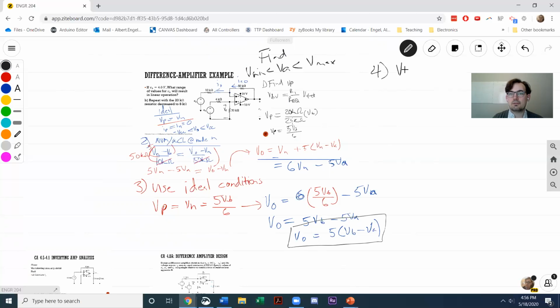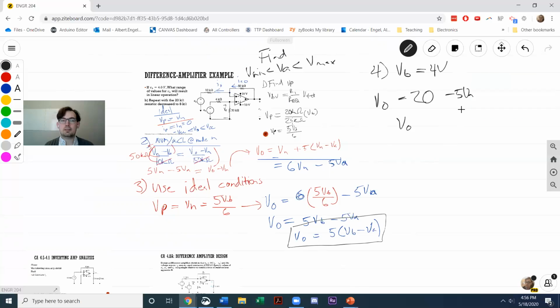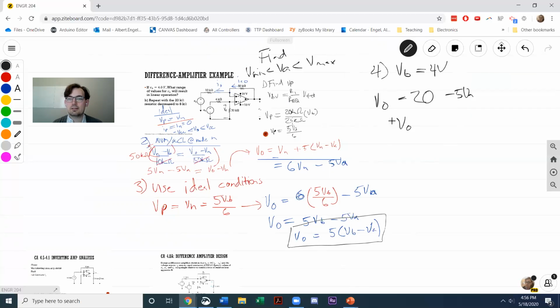So if we plug in VB as 4 volts, we can say V naught looks like, well, that just becomes 20 minus 5 VA, and we want the absolute value of that to be less than or equal to our control voltage, right?